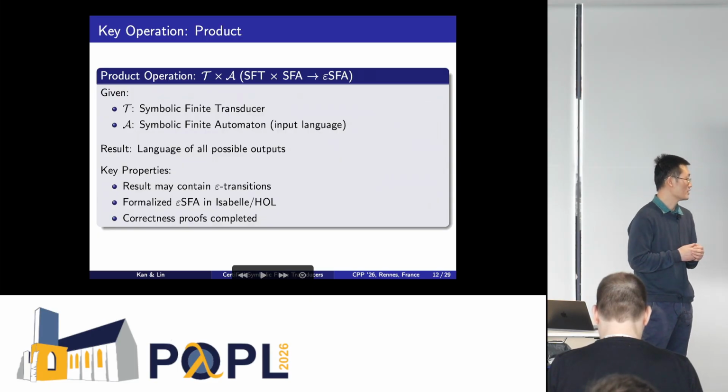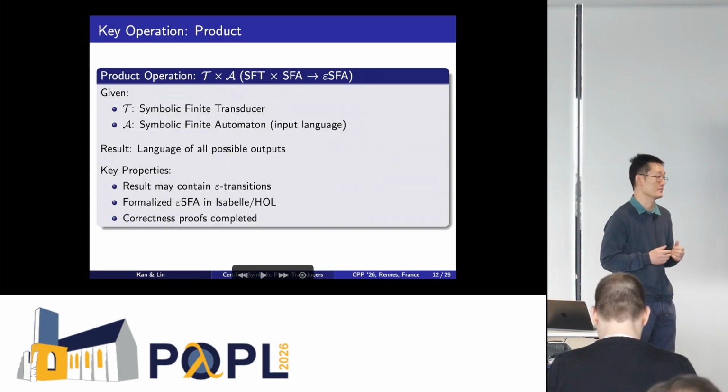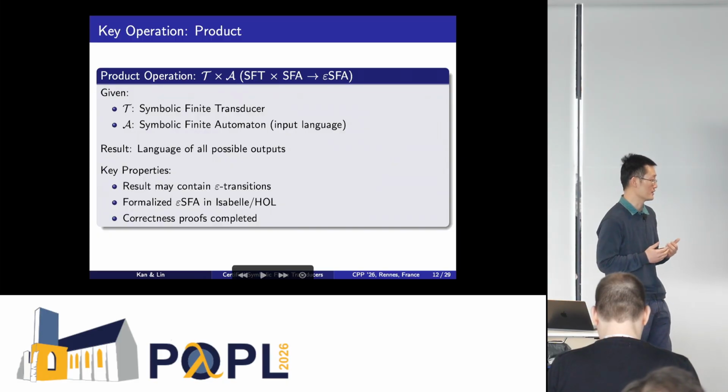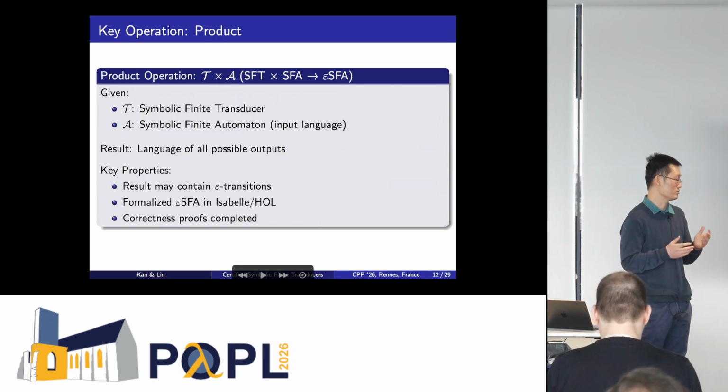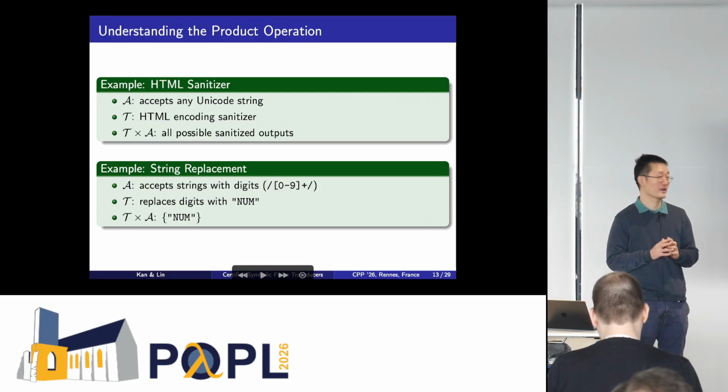Some formalization details: the result may contain epsilon transitions because our transducer contains epsilon transitions. And we also need to formalize epsilon finite automata as well, not only the transducers. So I give two examples.